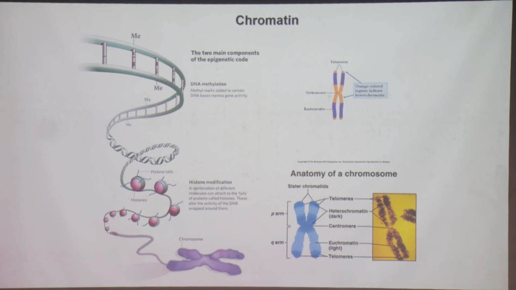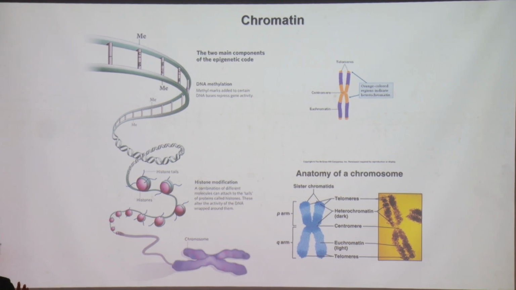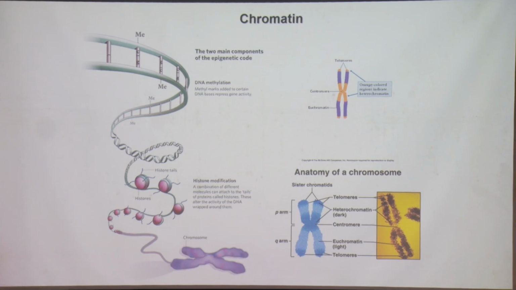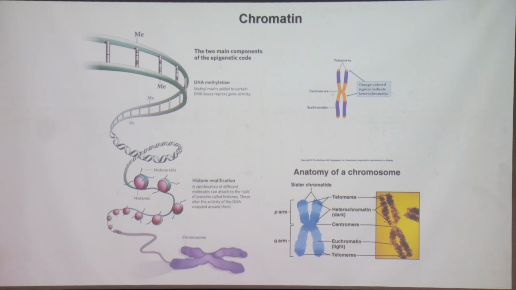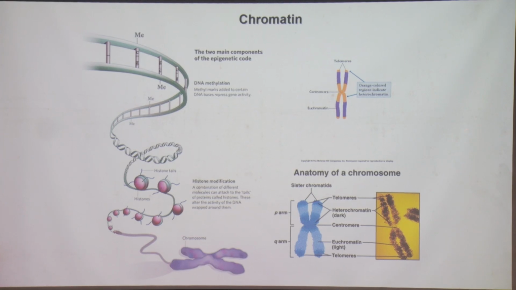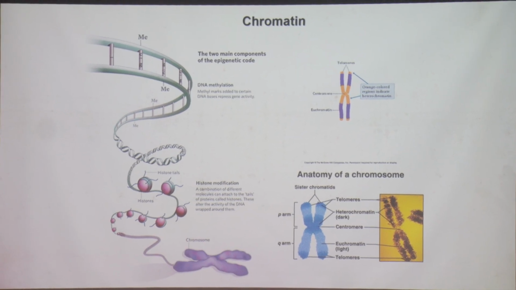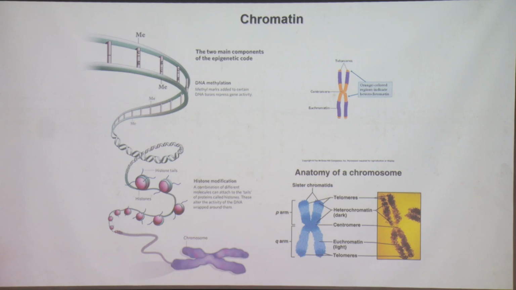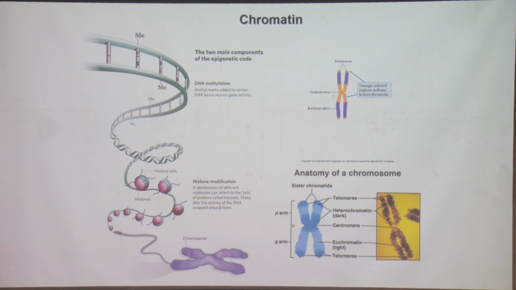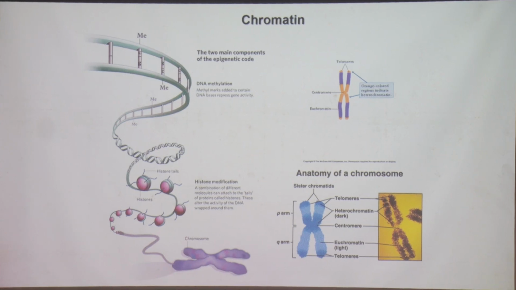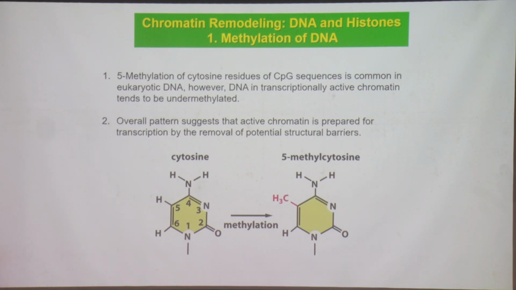It cannot be 99%. If it was 99%, we would not live to the age we live up to. But some parts are more open than others. The parts which are more open make more RNA. The parts which are closed are still replicated, but they don't make as many RNAs.